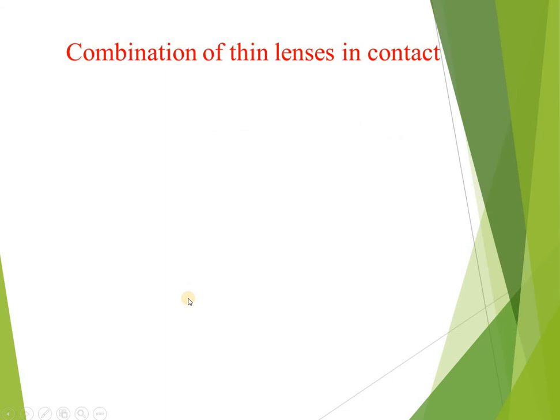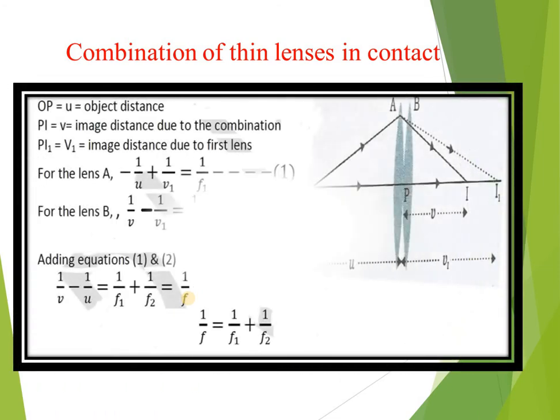Now we need to study the combination of thin lenses in contact. If we consider two thin lenses A and B, as shown in the figure, they are thin lenses because there are certain assumptions that we have taken in deriving the formula.